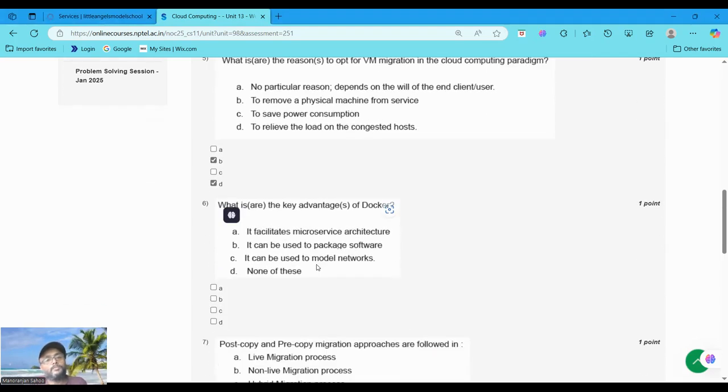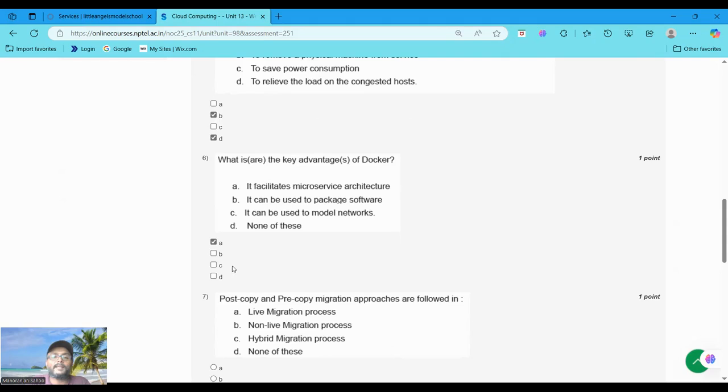Now question number 6. What is or are the key advantages of Docker? The key advantage is it facilitates microservice architecture. Yes. Second, it can be used to package software. Yes, option B. Then it can be used to model networks. Yes.